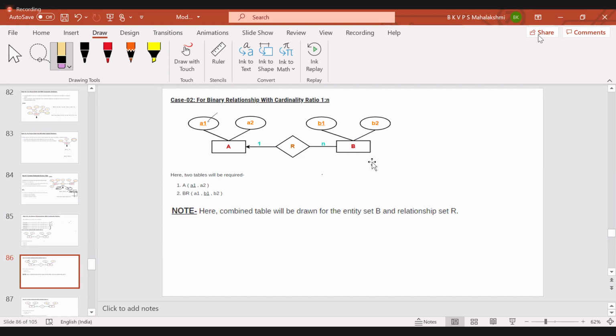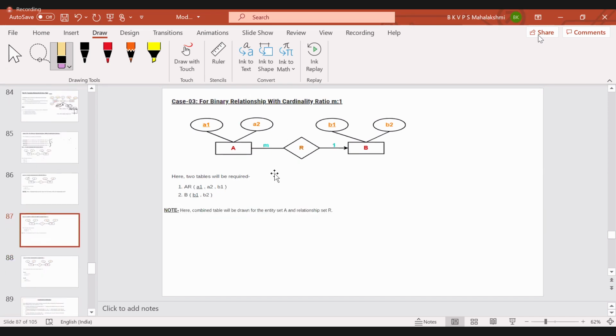But here we have to combine the second entity and the relationship set. How we combine is we specify all the attributes of the second entity and the primary key of the first entity. So in this way, we have to convert this ER to tables.